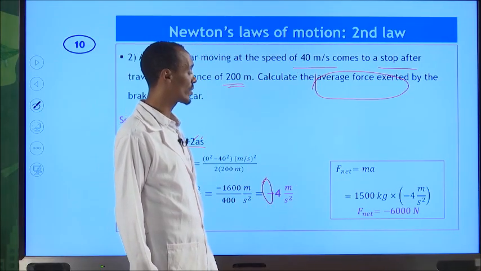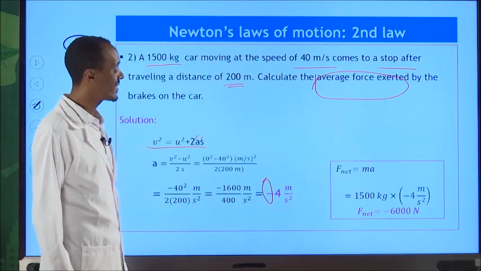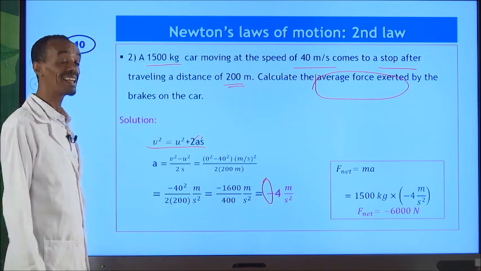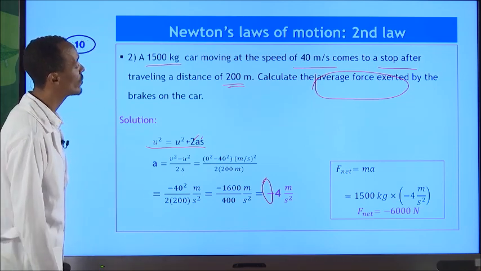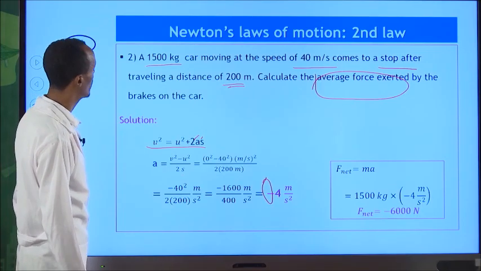So the net force is 6,000 Newtons. What does the negative mean? The negative means that the force is a retarding force, the force which is causing the acceleration of the body to decrease.